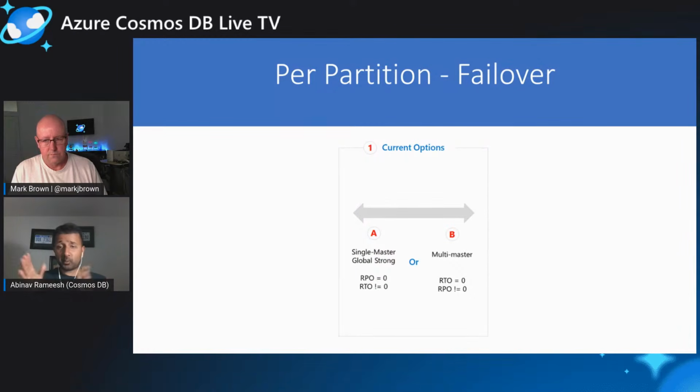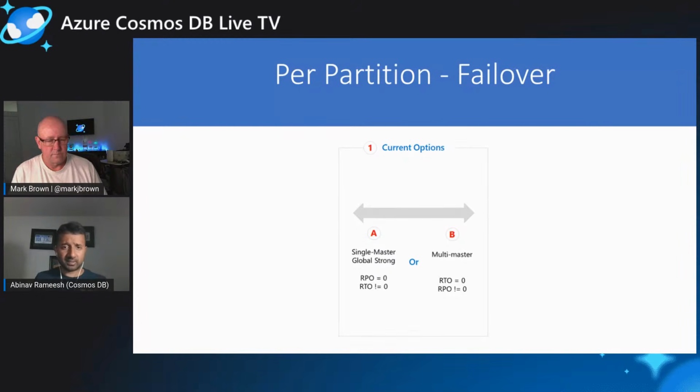And that's why we want to wait on all of our mitigations to do their thing before we internally hit the red button on everyone's behalf. But opting into something like this allows us to do that, because it's literally on a per partition level where we're doing the failover. So we don't have to wait for the entire region to go down or for us to trigger a failover for the entire region. We're doing this just for a subset of those partitions.